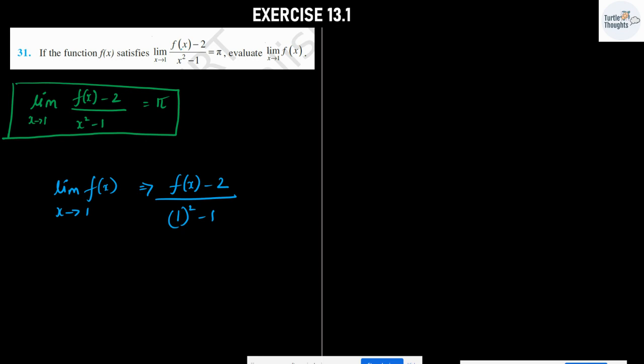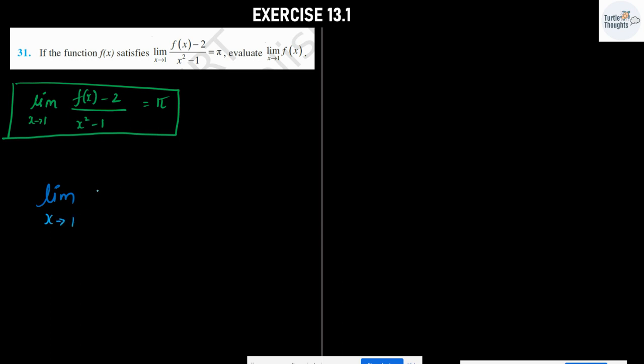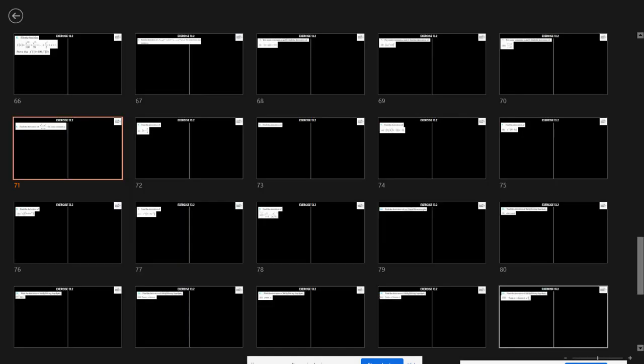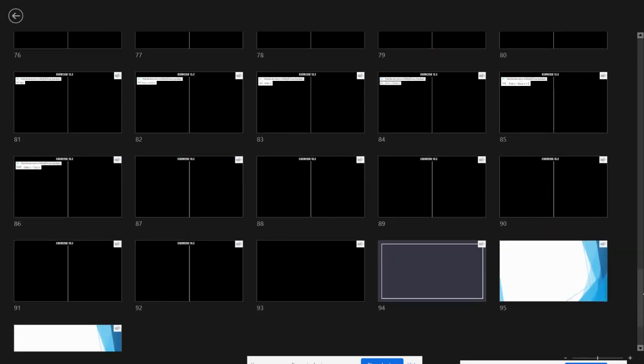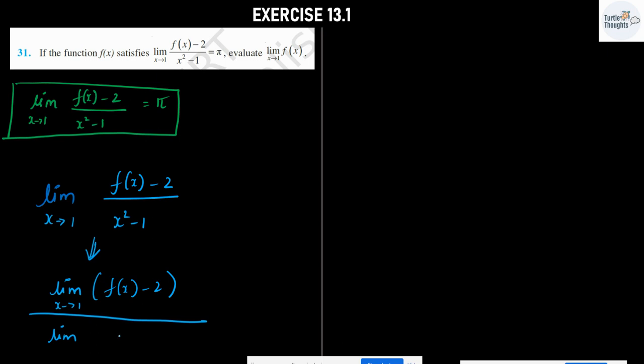I can take the limits as two different entities. The limit of the function as x tends to 1 for f of x minus 2 divided by x square minus 1 can be written as the limit as x tends to 1 of f of x minus 2 divided by the limit of x tending to 1 for x square minus 1.